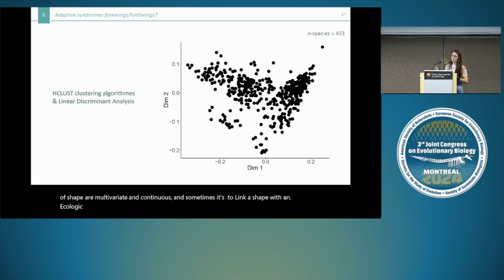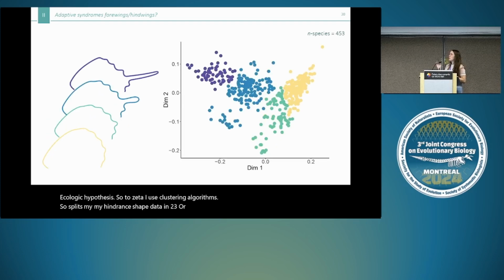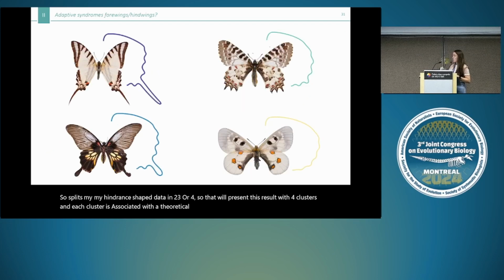So for that, I use clustering algorithms to split my hindwing shape data in 2, 3, or 4 clusters. Today I will present this result with 4 clusters. Each cluster is associated with a theoretical mean shape, but these mean shapes are very close to real wing shapes you can find in the family.